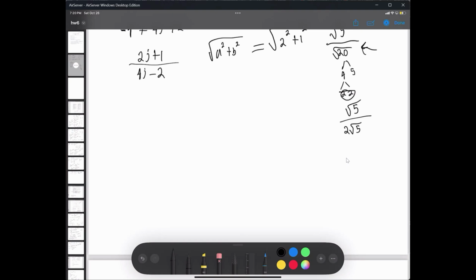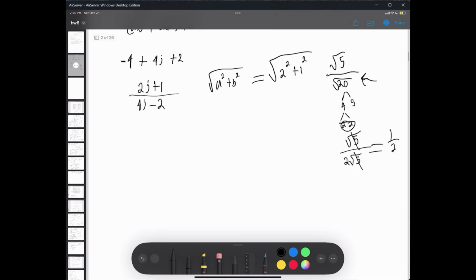It's something you should know by now. The root 5 on the top and bottom cancel out, and we're left with 1/2. So we got our magnitude of H of 2j as 1/2. Beautiful. All right. And now comes the harder part, the angle.